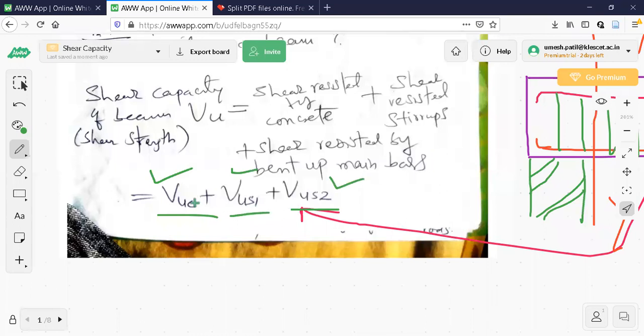So once you calculate all the three using the code book and using your strength of material knowledge, find out the maximum shear force and compare these two values. Shear capacity of the beam, if it is more than the shear force, then I can say the beam is not going to fail due to shear.